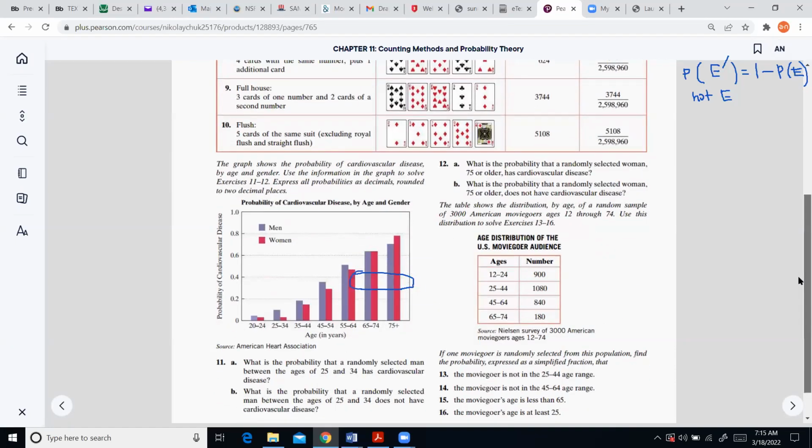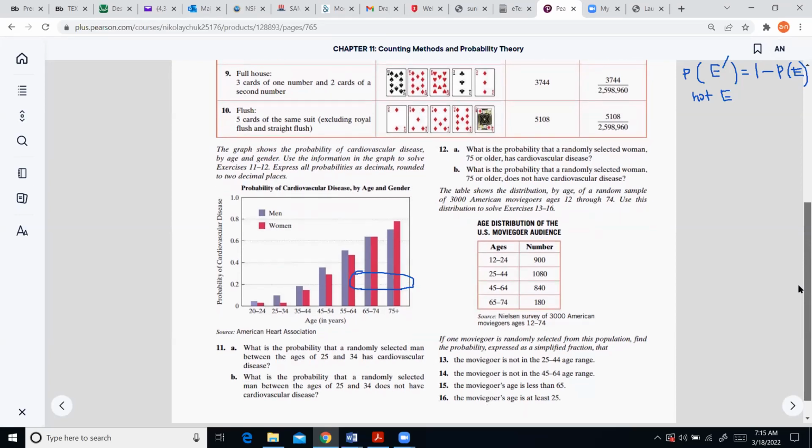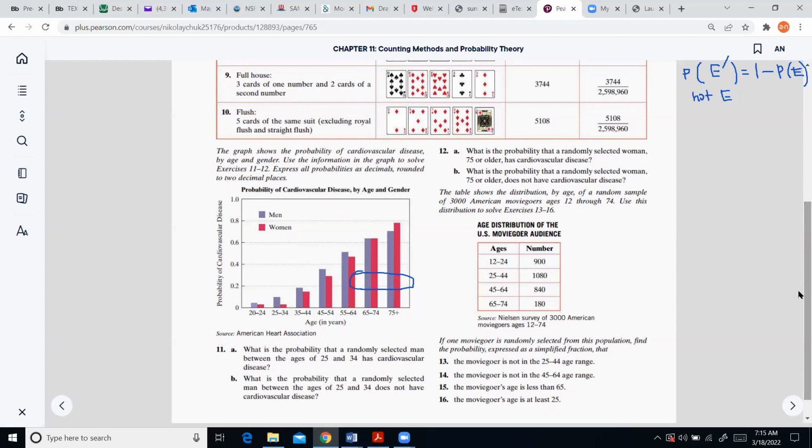Let's see where they have those. So let's say exercise 13, looks like that's where all these "not" questions start. So let me do exercise 13 and so forth. It looks like they are dealing with a table that consists of 3,000 people that like to go to the movies.